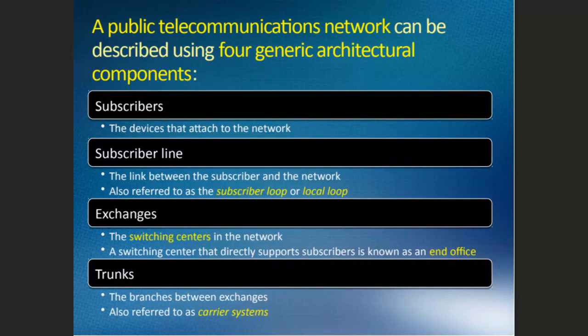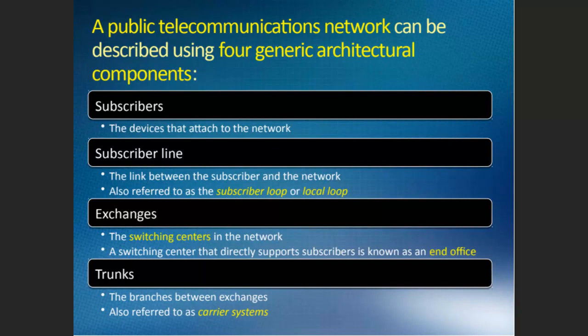Then there is the subscriber line. This is the link between the subscriber and the network. Some people call it subscriber loop or local loop. Then we have the exchanges. These are the switching centers in the network. A switching center that directly supports the subscriber, we call it end office.